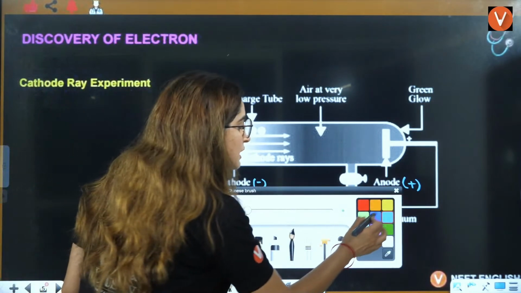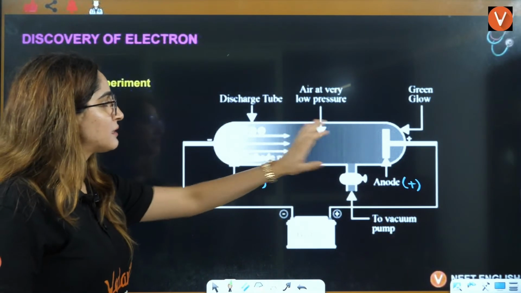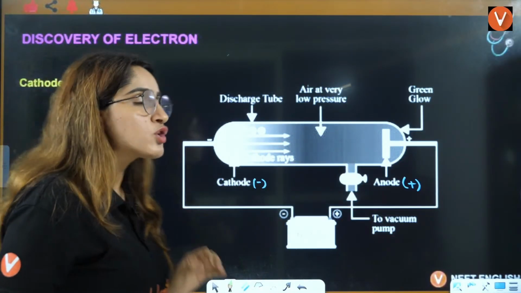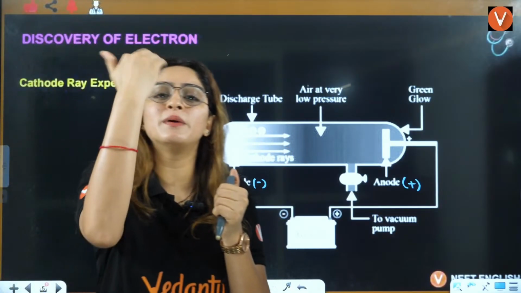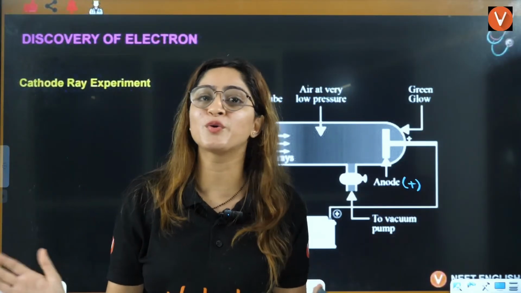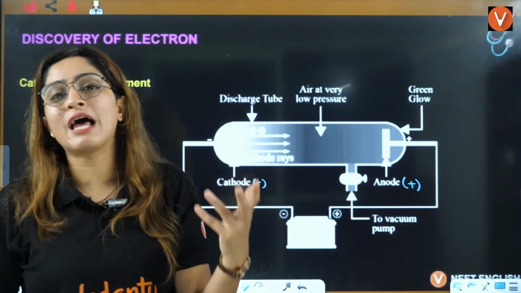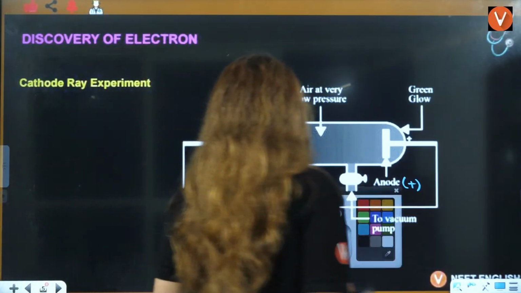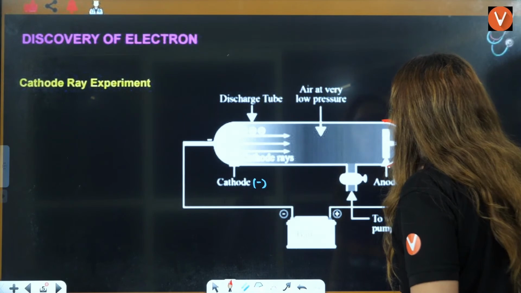So now, if you see this here, this is the cathode ray. This is the cathode. This is the anode. So what he observed: electrons are not visible to your eye. You can't see that electrons are going on. So to actually visualize whether any ray is passing, he had this fluorescent screen over here.